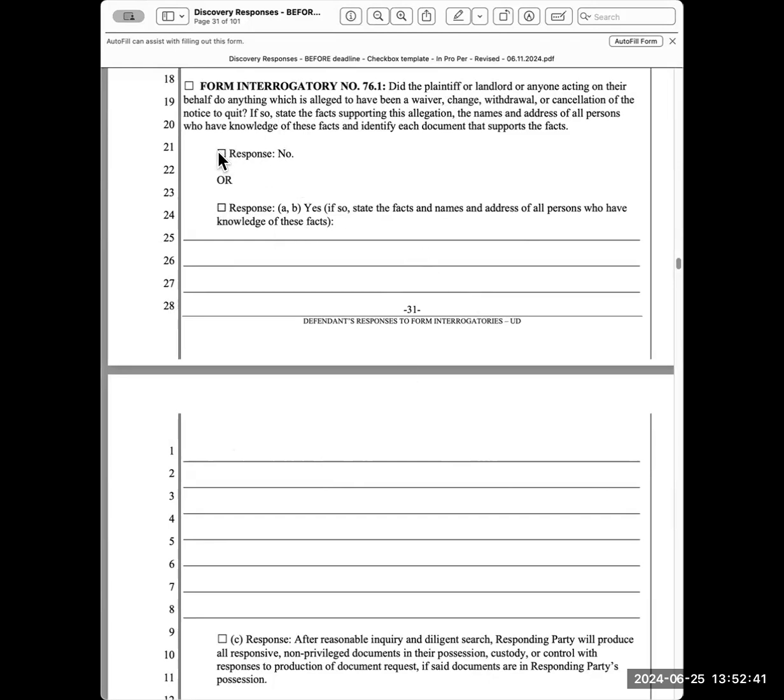If you only received one notice, that notice expired and the landlord filed an eviction, you can check here. But remember that waiver, change, withdrawal, or cancellation of an agreement applies to potentially lots of different things. And so you should consider if the landlord changed in any way your understanding of consequences to paying late.